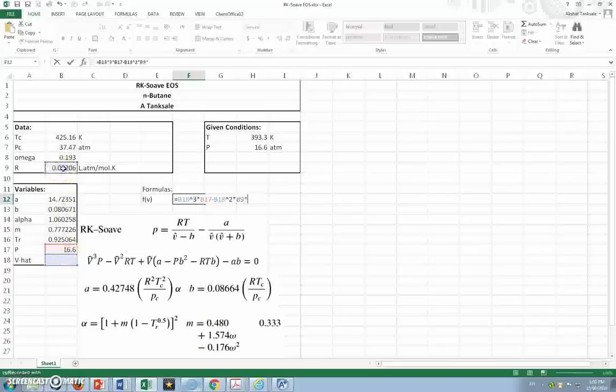So it needs to be written in the cubic form: V hat cubed times P minus V hat squared times RT plus V hat times, in the bracket, A minus P B squared minus RTB, close brackets, minus AB equal to 0. Of course, equal to 0 does not need to be written in the formula here. We are going to write only the left hand side of the equation.